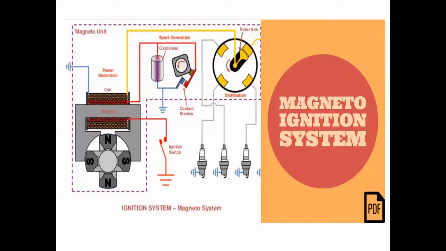The distributor is used in the magneto system, and it is also used in the battery ignition system, the same as we saw in the previous class. Through this distributor, it is connected to different spark plugs according to the firing order of the engine.